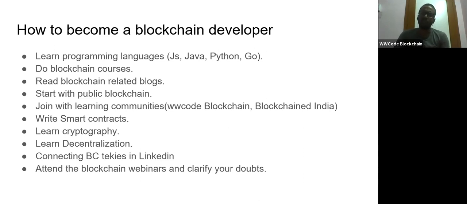People are putting up posts, code and connections, so you can join Women Who Code blockchain. It's a very perfect one. Join the learning communities and write smart contracts. You can write small contracts, put them on GitHub, and they will be shown to the people.